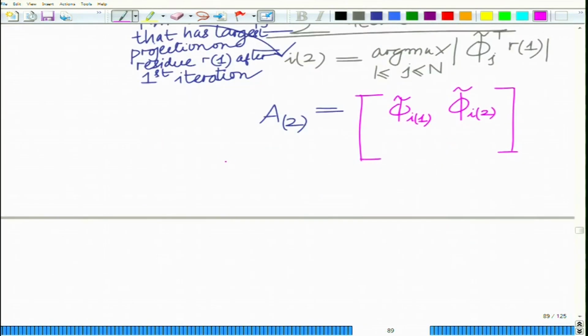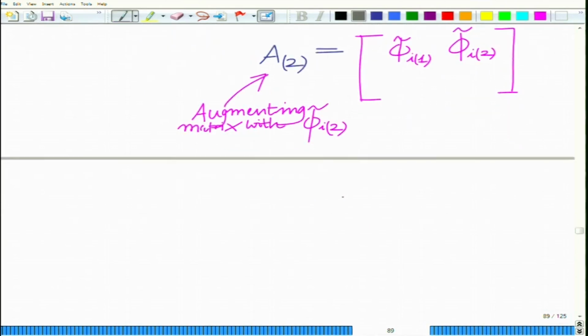So you are augmenting the basis matrix A2, augmenting this with the column phi tilde I2. Once again you find the best estimate of x bar via least squares.